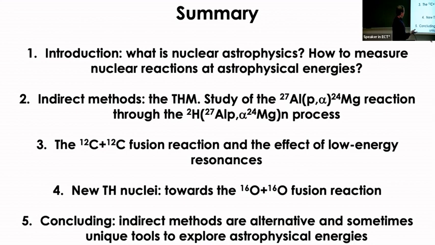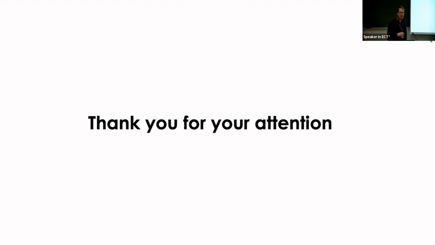I hope I convinced you that it's very useful to carry out these indirect measurements to get the astrophysical factor at low energies, and all these efforts can improve our present-day understanding of these cross sections. Thank you for your attention.